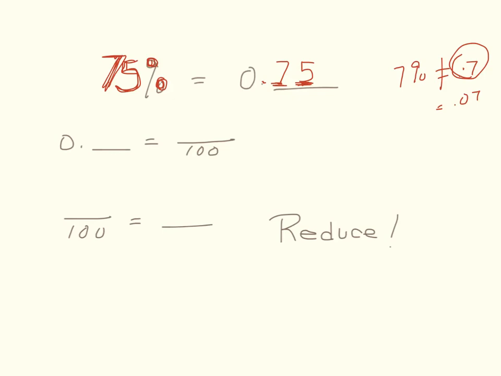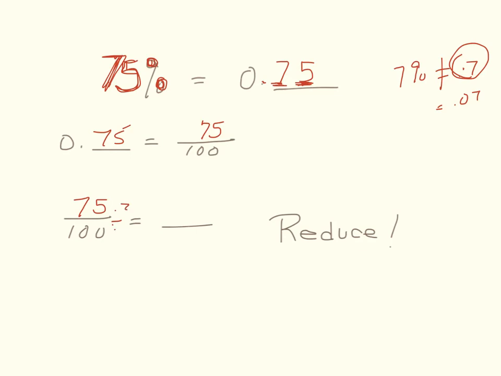All right, so here we go. We have our 0.75, and now we're going to convert that to a fraction over 100. And then we're going to take that fraction over 100, and we're going to reduce it. So what number goes into both of these?